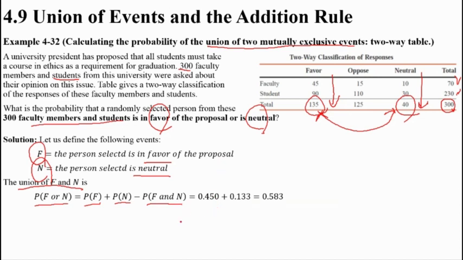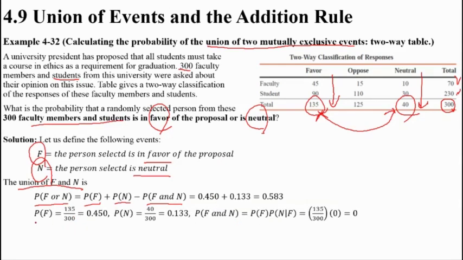But here there are two numbers. First of all, the probability for favor is 135 out of 300, right? And neutral is 40 over 300. How about favor given neutral? Nothing is common, which means it goes to 0.